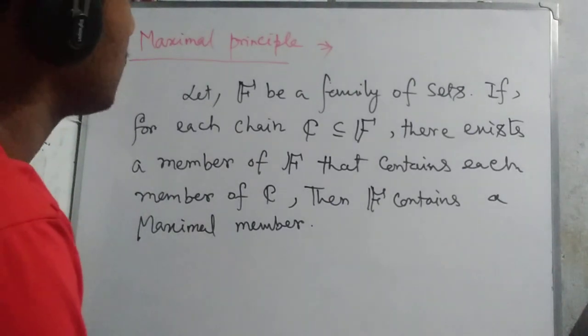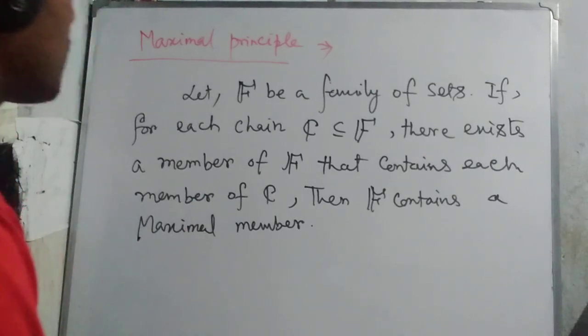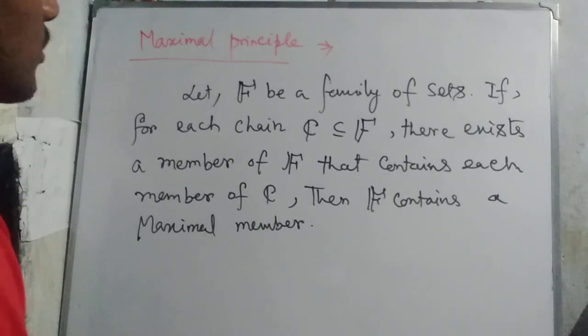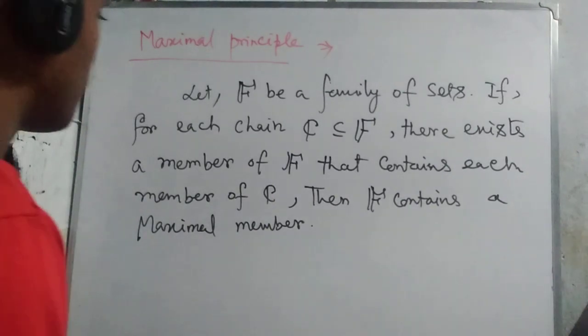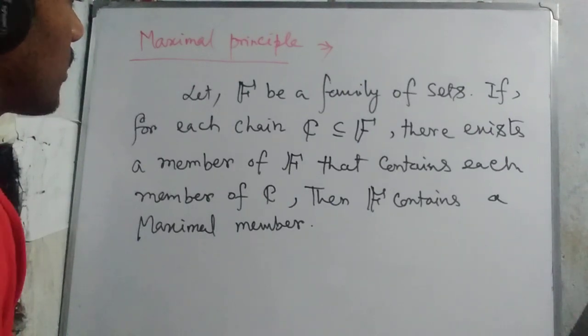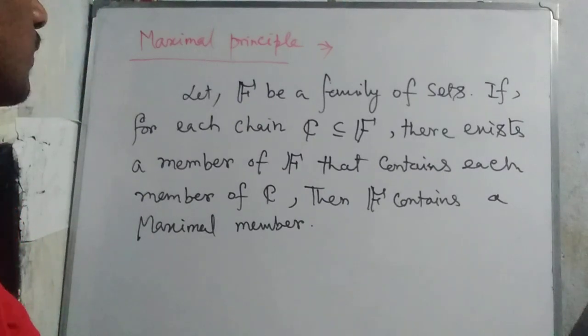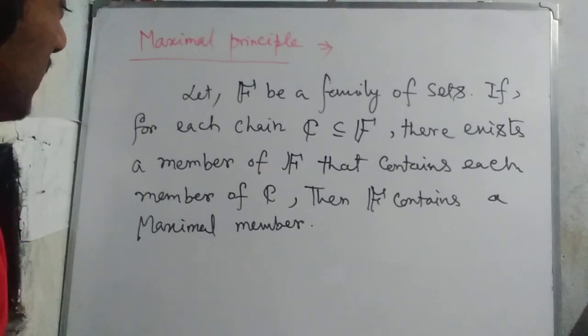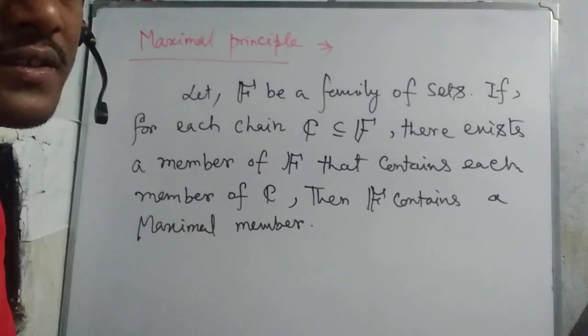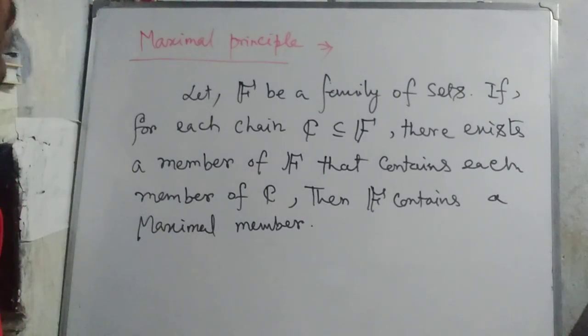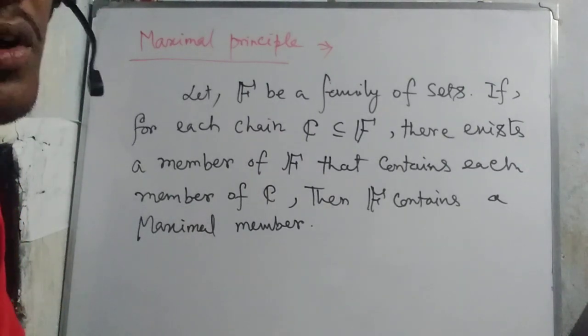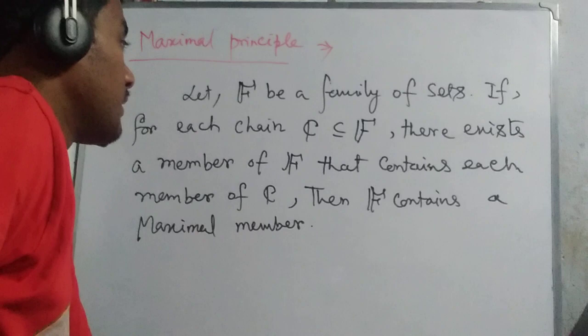If for each chain C subset of F there exists a member of the script F that contains each member of C, then the script F contains a maximal member. That means for each chain C subset of this script F there exists a member that contains each member of this chain.